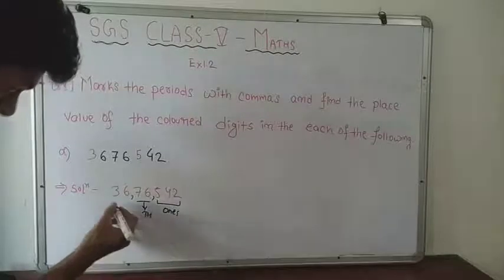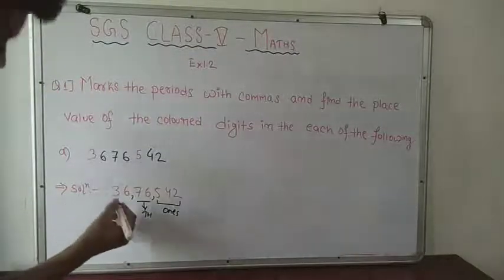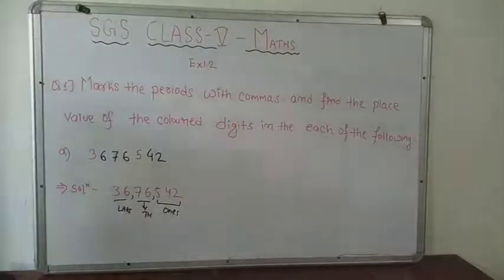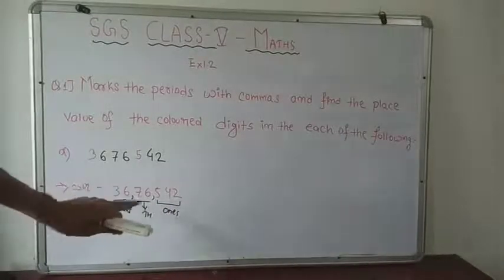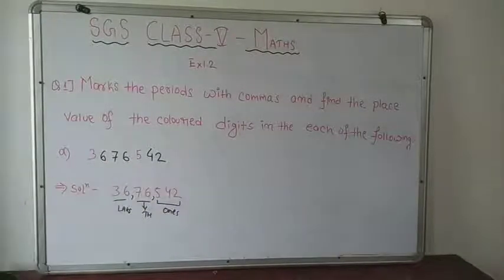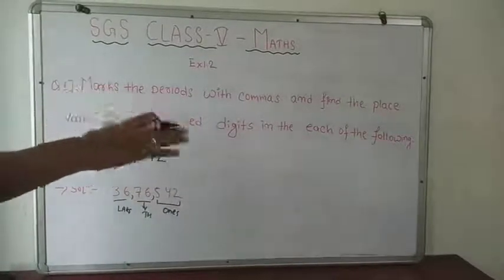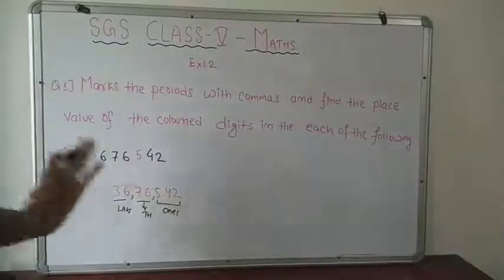Thousand place. And the next 2 digits come under which place? Lakh place. Okay, this is the place value chart, from which you can arrange the number in proper format. After arranging the number, you have solved the first part of the question.